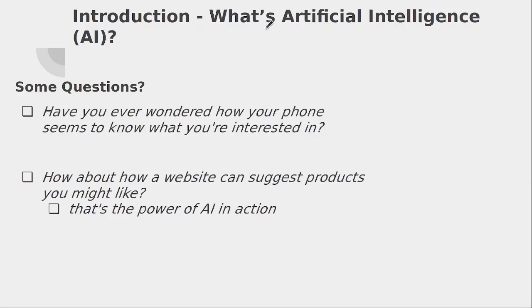So basic questions before moving on to what AI is, since we are well familiar with this. As mentioned earlier, you might have come across these technologies in one way or the other, but can you remember, or have you ever wondered how your phone seems to know what you are interested in? Or how a website that you have visited suggests a product to you, or word completion in your phone, or even your phone trying to remind you about some memories or instances that have happened in the past, and then sharing that with you.